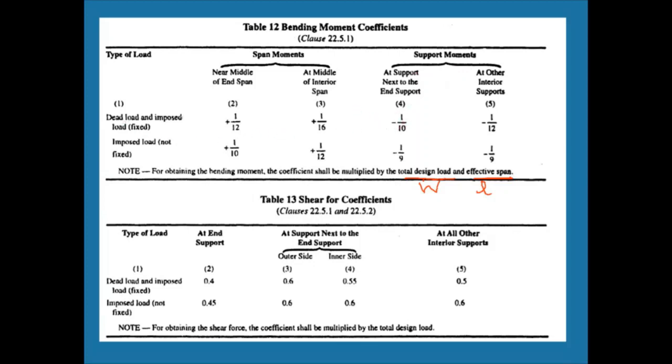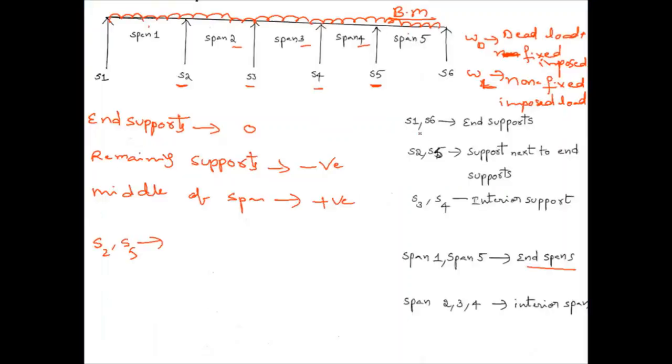For the dead load and imposed load, the bending moment coefficient is -1/10. So you have to write it like -1/10 WD into L minus 1/9 into WL into L. So like this you have to write.